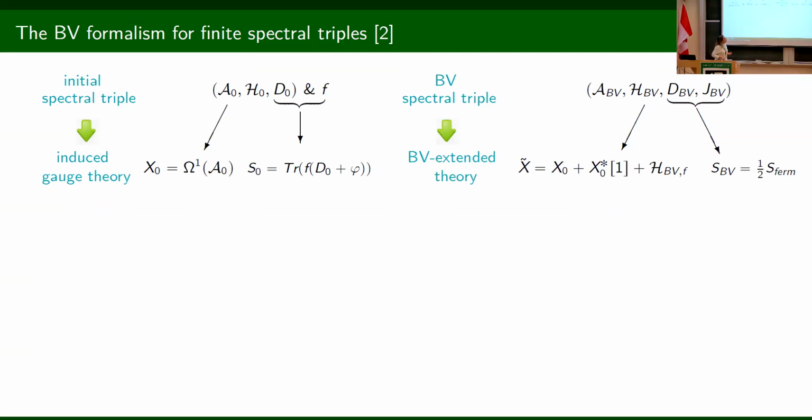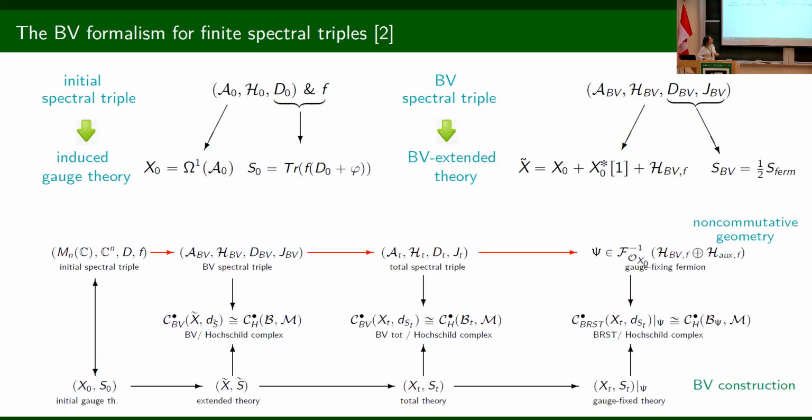So schematically, this is a comparison of how you go from your initial spectral triple to the induced gauge theory. The fields were coming from the algebra, and the action was just the spectral action of your spectral triple. While for BV spectral triples, what plays the role is the Hilbert space that contains the ghosts, and your BV action counts as the fermionic action of this new spectral triple.